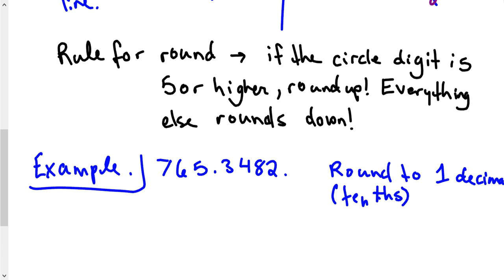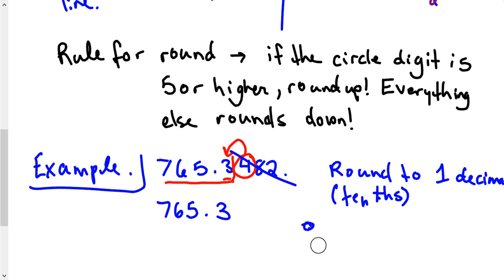Okay, so then what I do is I identify my tenth spot, which is here. So I'm going to draw my line all the way to my tenth spot. Draw a vertical line, and then I'm going to circle my target digit, which is going to tell this guy what to do. Because this is 4 or lower, it's going to stay the same. But I'm going to write it out, 765.3, and everything else gets cut.